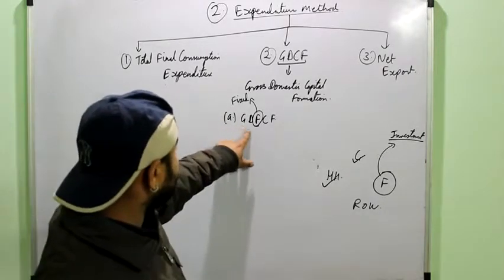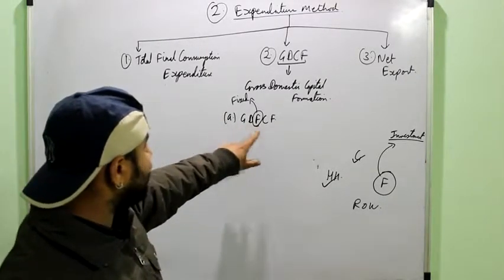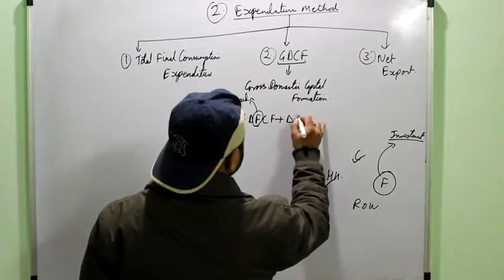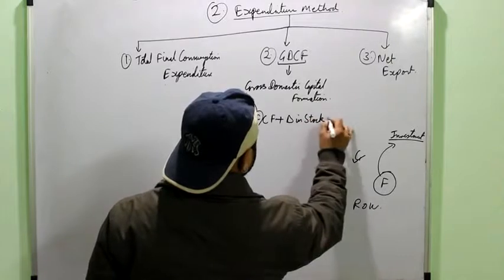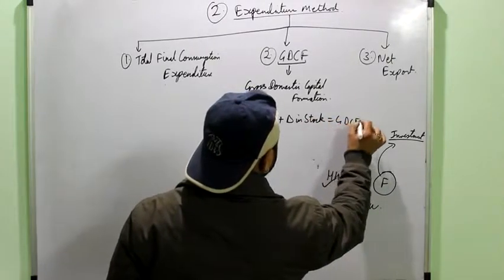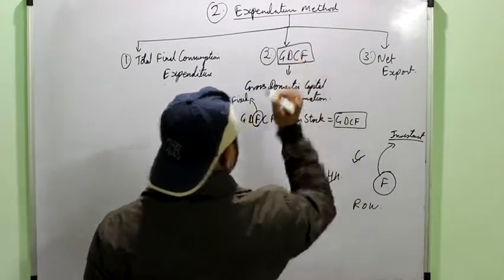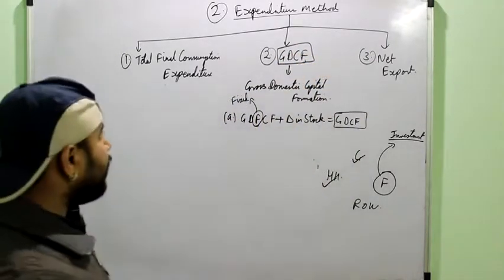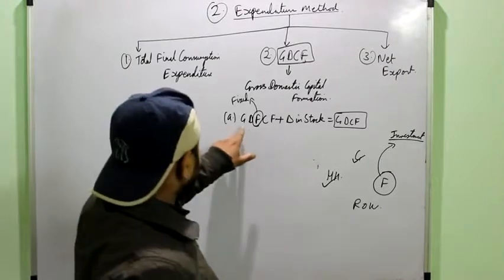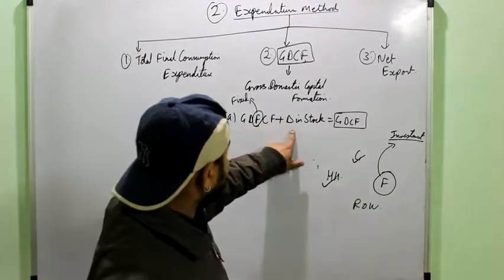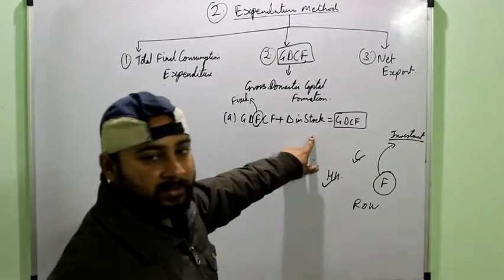So for converting GDFCF into GDCF, we have to add change in stock. Then we get GDCF. Remember, this is what we require to add in the expenditure method. So GDFCF can be converted into GDCF by adding change in stock.